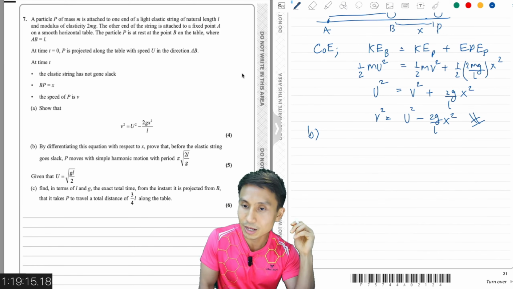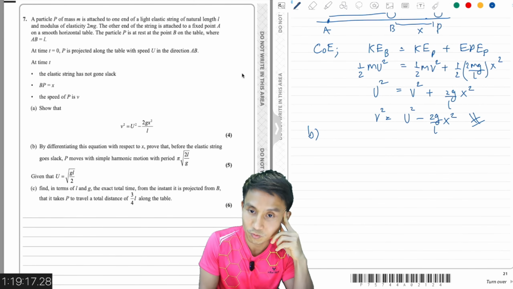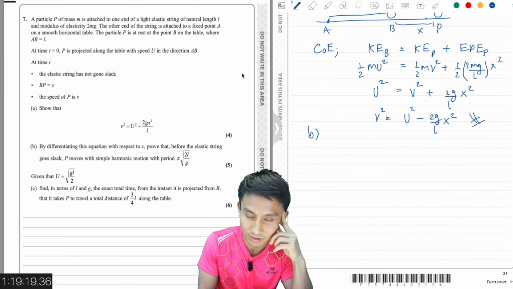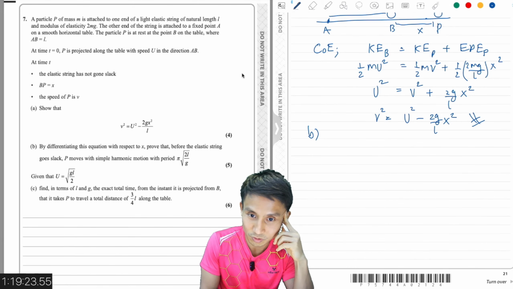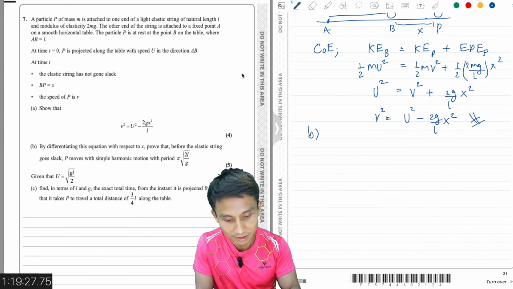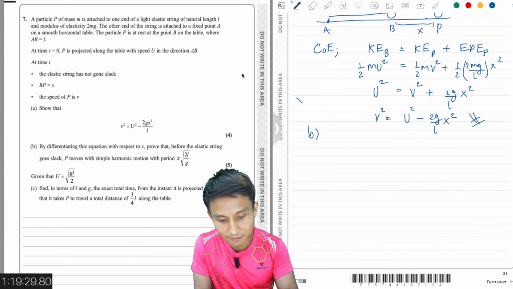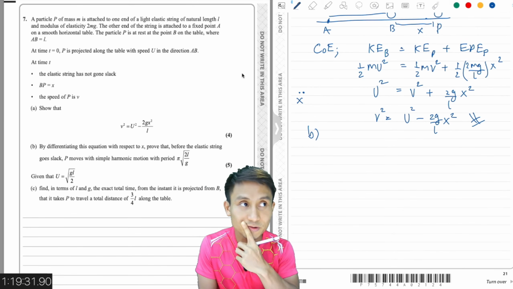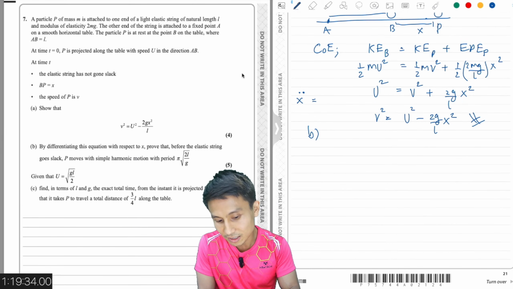Part B. By differentiating this equation with respect to x, prove that before the elastic string goes slack, P moves with simple harmonic motion with period of that. To prove simple harmonic motion, we require that the second derivative of x equals minus omega squared x.